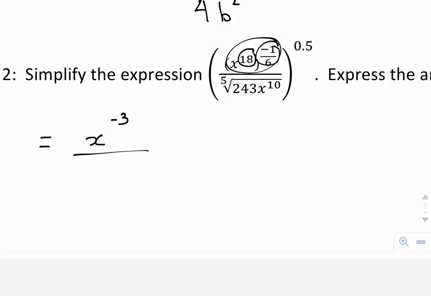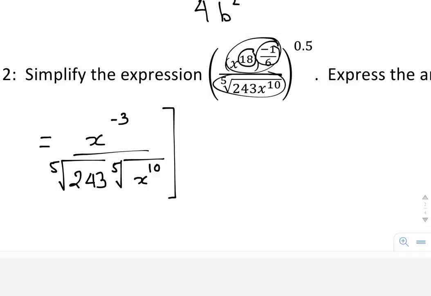And that's all over, I'm going to break this up here, 243, and that's the 5th root of 243 times the 5th root of x to the exponent 10. And that's all to the exponent of 0.5 or 1 over 2.